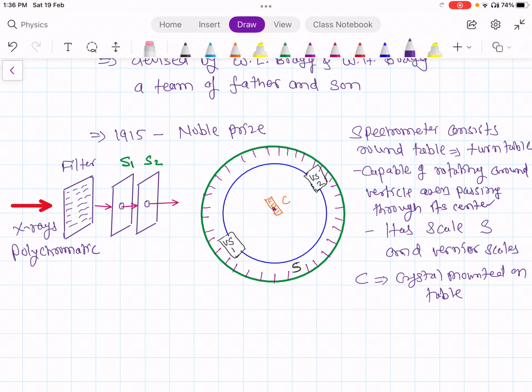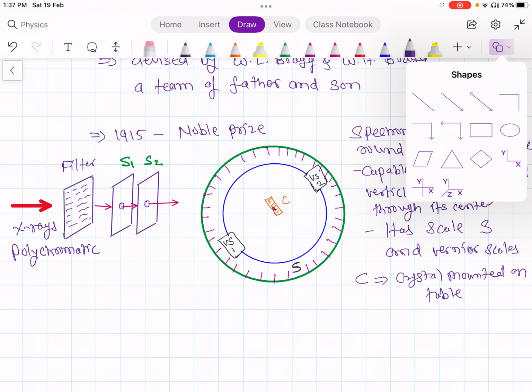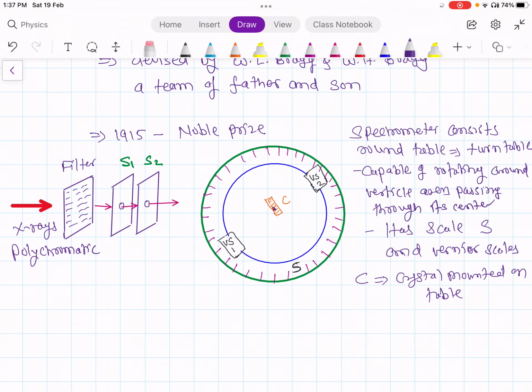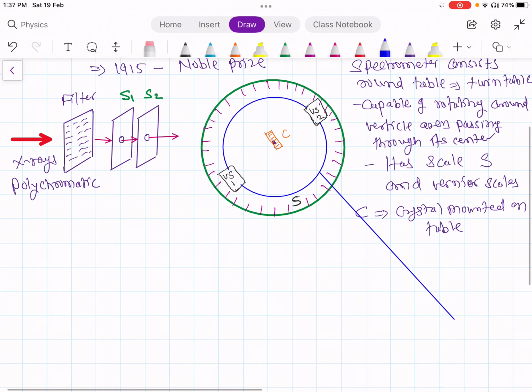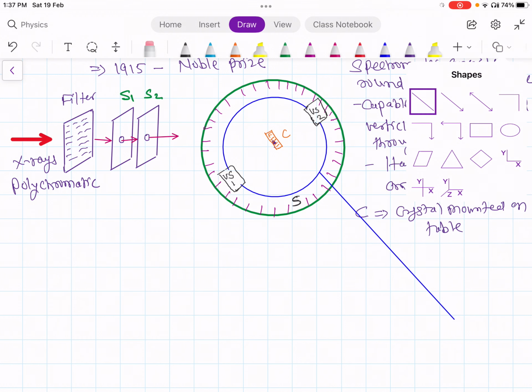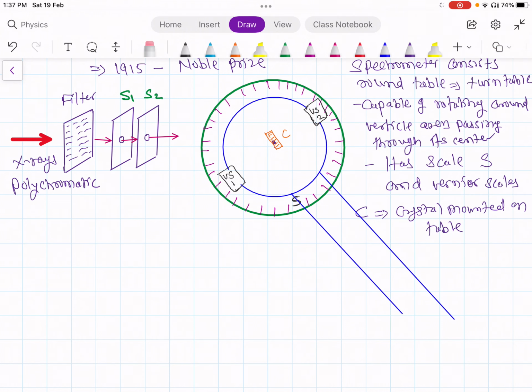Now, to this turntable, a side arm is attached. So I am going to show here a side arm. This is the side arm.